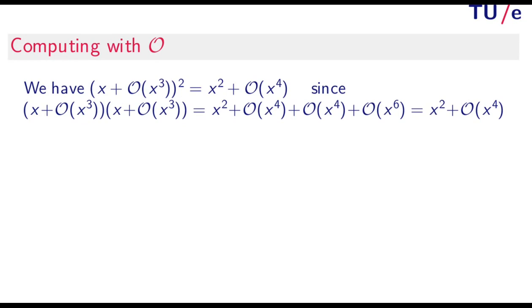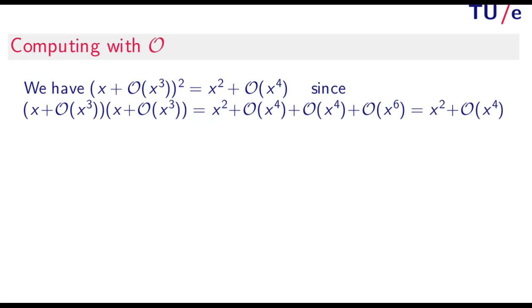But if something in the neighborhood of 0 is big O of x to the power 4 plus big O of x to the power 4 plus big O of x to the power 6, then it's certainly also big O of x to the power 4, just one single term. It's less than or equal to a constant times x to the power 4, plus another constant times x to the power 4, plus a third constant times x to the power 6, but that we can bound by some big constant times x to the power 4.